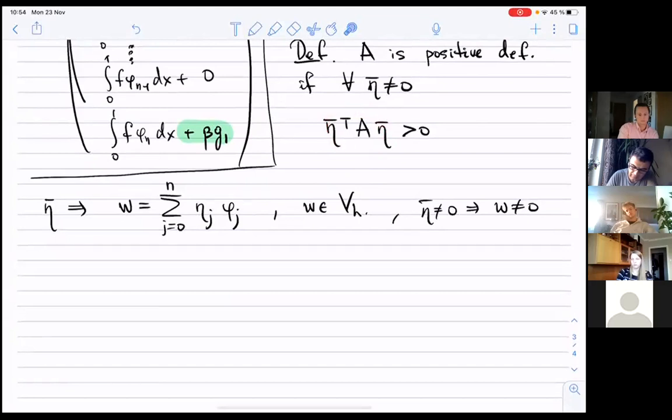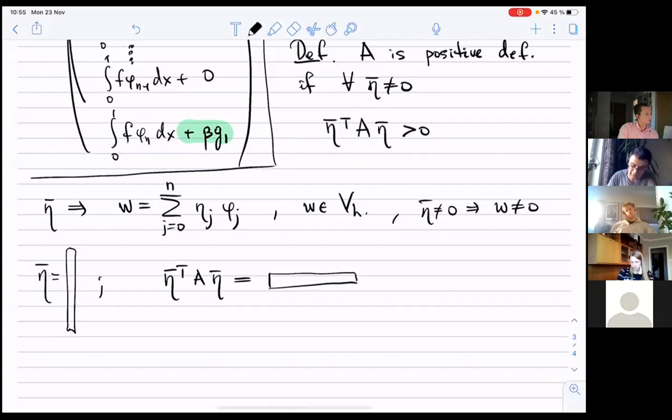All right, so let us take a look at this. What is this? It's a vector. Let me just write schematically what it is. This is a column vector. Then eta transpose A eta is a row vector, because the transpose of a column vector is a row vector, times a square matrix times a column vector.